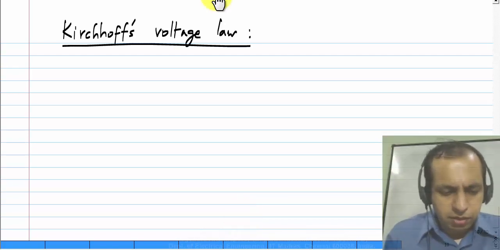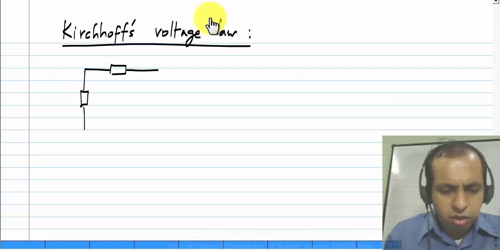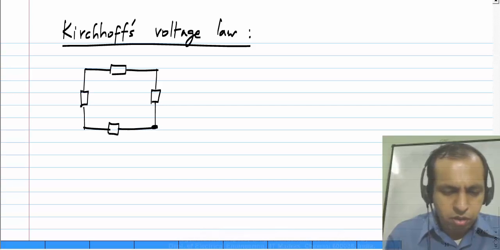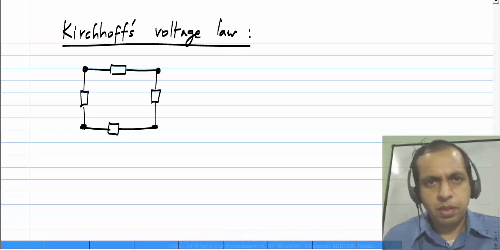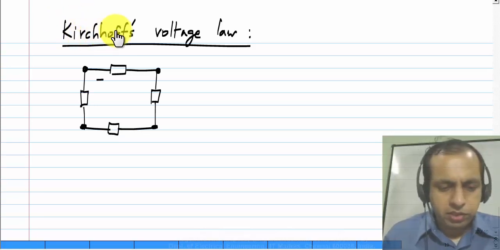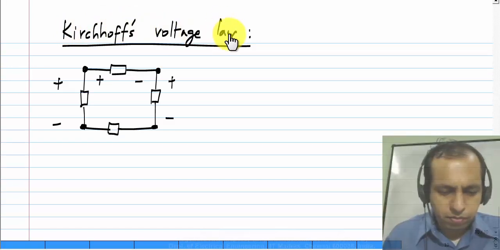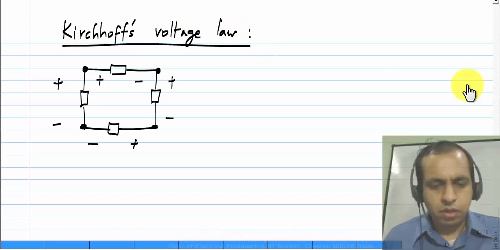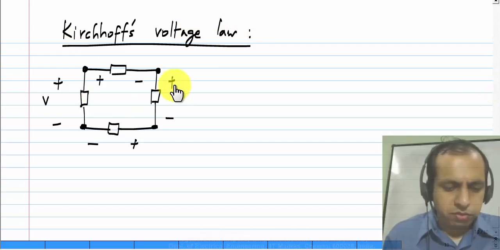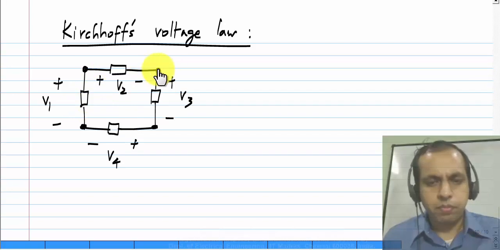What it says is that, let's say we take a loop of elements, and each element has a certain voltage across it. Let me call these V1, V2, V3 and V4.